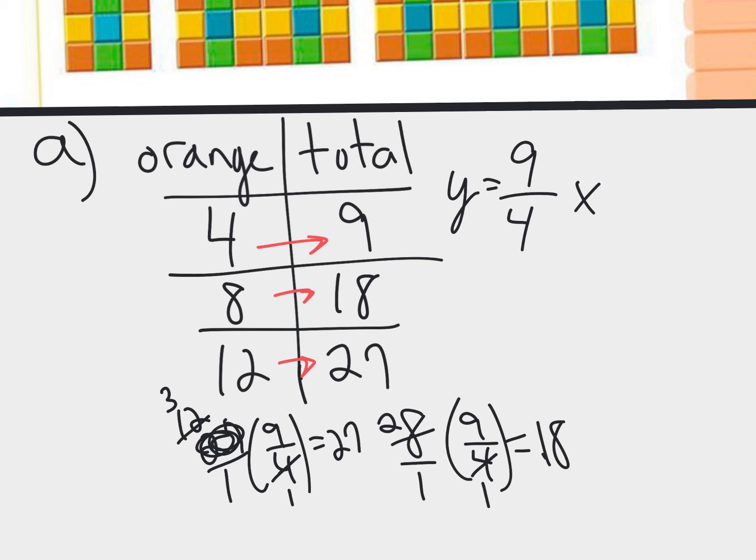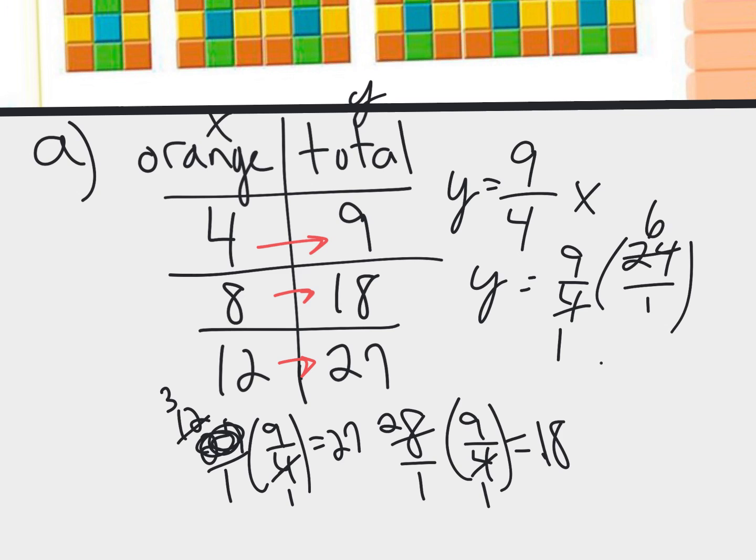And then for 24 orange tiles, remember the orange tiles was our x, so we could do 24 times 9/4, and if you reduce that, that would be 54 total tiles. Okay, like I said, you could just extend the table out if you wanted to and figure it out that way.